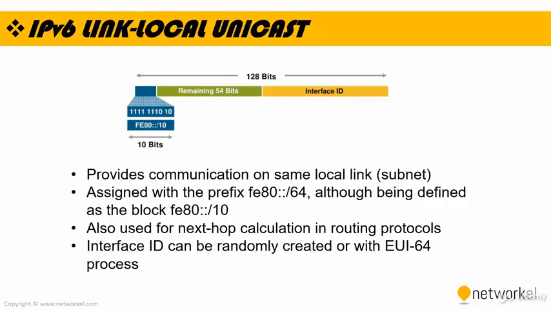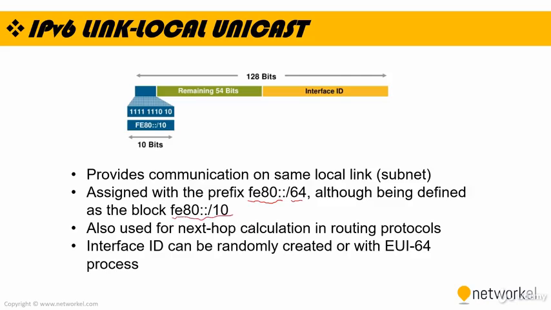The other unicast type that we are using in IP version 6 is IP version 6 link local unicast, that provides communication on the same local link. That's a similar logic to IP version 4 private addresses. This address is assigned with the prefix FE80::/64, although being defined as a /10 block.